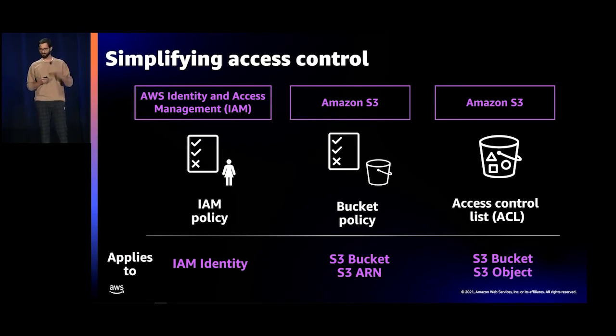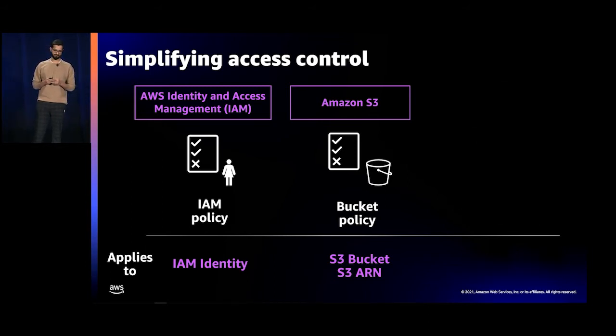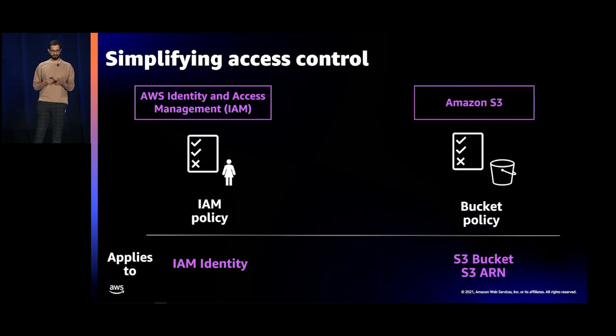Going back to our previous slide, where we shared different access control methods, this new setting simplifies access control management and disables ACLs, thus allowing bucket policies and IAM policies to define all access controls.